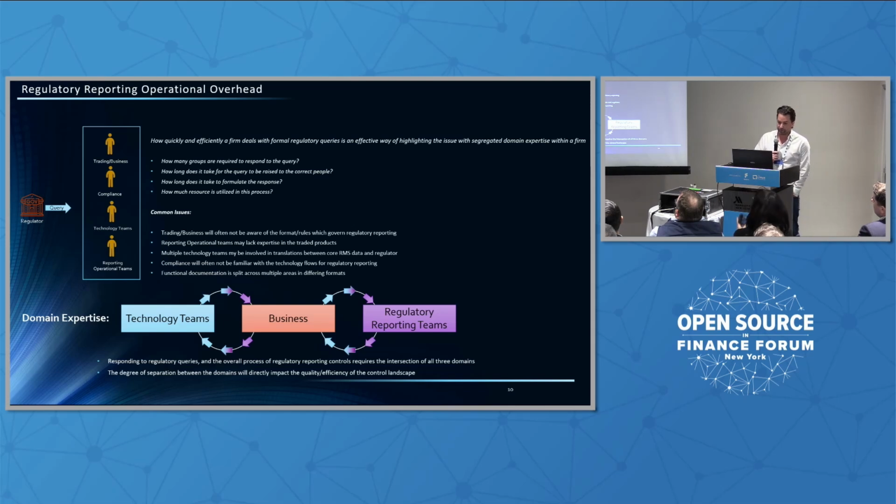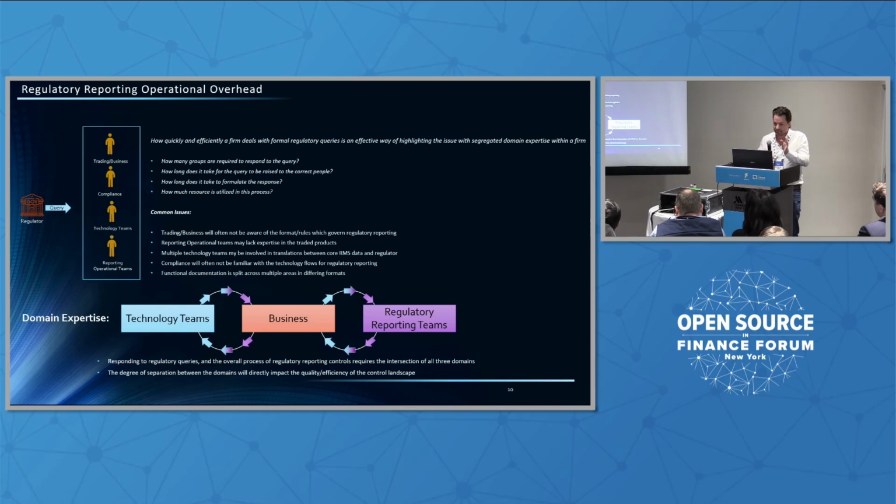One thing I've witnessed is how quickly can you as a firm respond to that regulatory query, and how many teams have to be consulted before you get to the answer that they're expecting? How many email trails have you seen that have been bounced through X number of teams, Y weeks, in order to get an answer where actually there's probably one person that does know the answer, but it takes a very long time to get through the layers, etc.